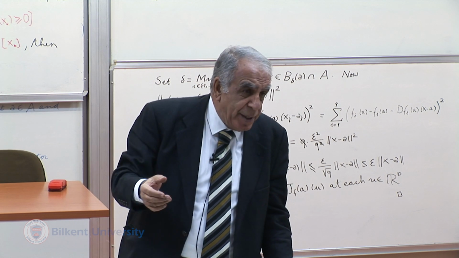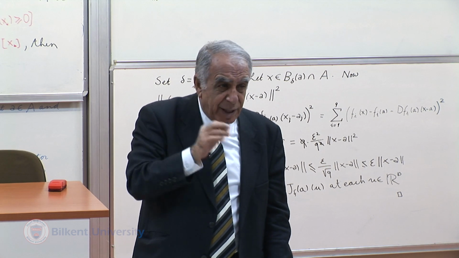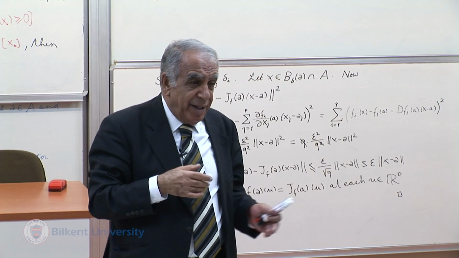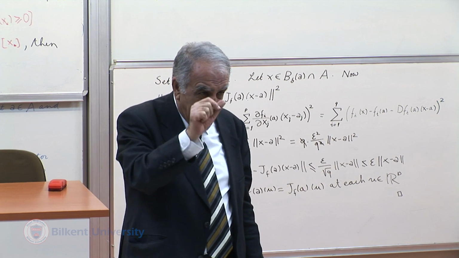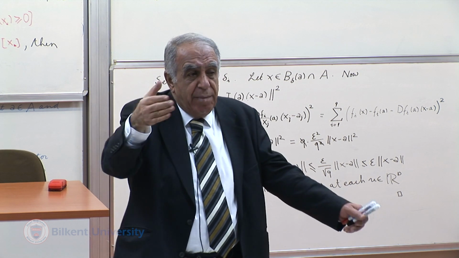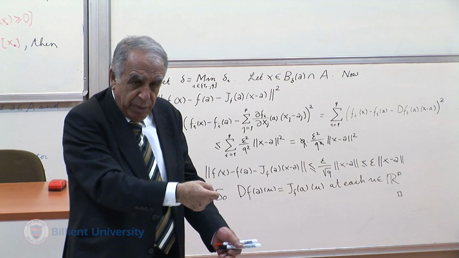If it's a boundary point, a cluster point and not an interior point, then t less than 0 is irrelevant: it belongs to the punctured delta ball about 0, but a plus tu will not be in cap A. But if it's an interior point, you can go both ways.